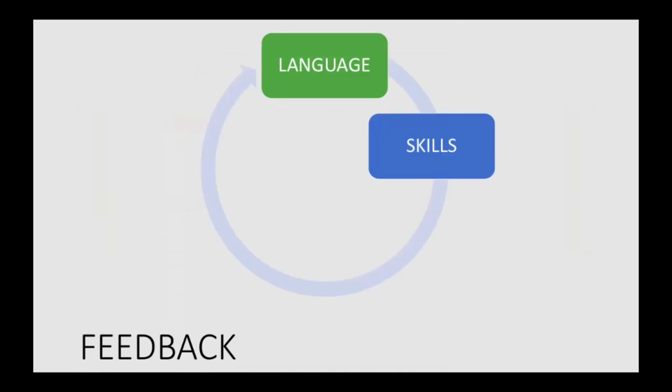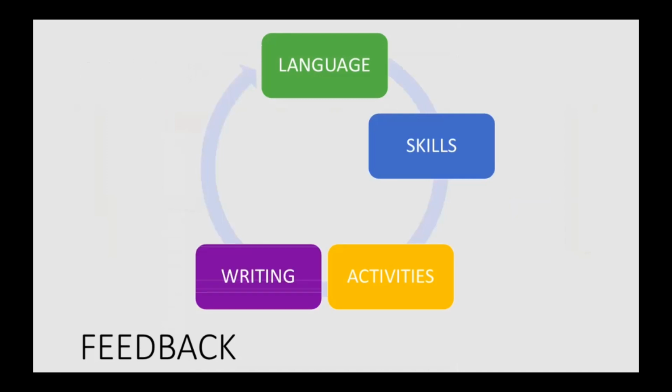You can give feedback in the skill. You can give feedback in the activities in the platform because maybe they know, but they did not understand the mechanics of the platform. Or in writing, because maybe they are making a mistake that, if you don't correct it on time, can be there forever. I mean, it's very difficult. Remember, if nobody corrects us, we keep writing or saying things in the same way, and it's very difficult to take it away.